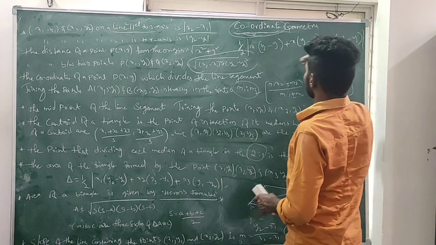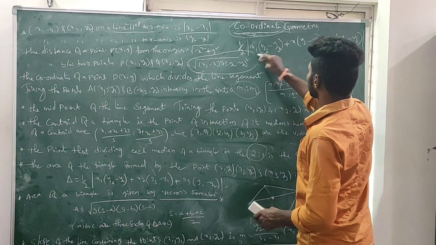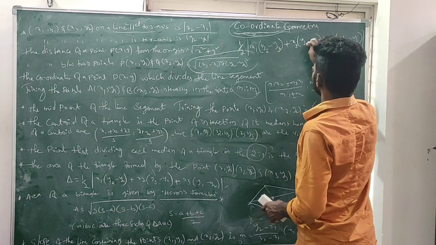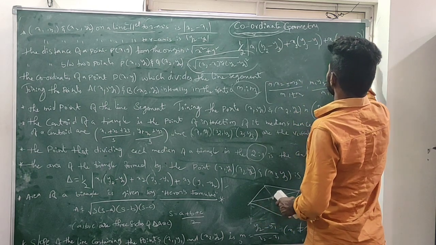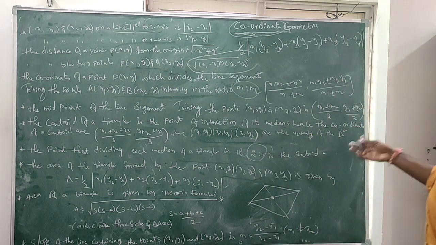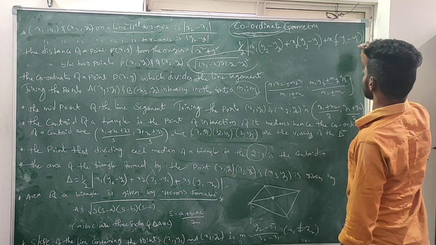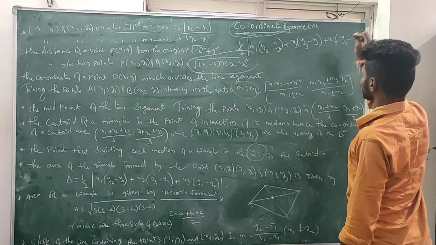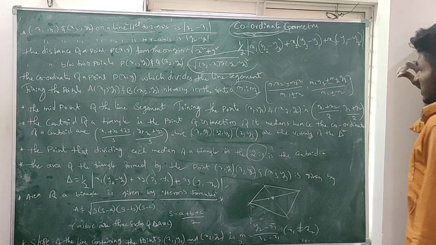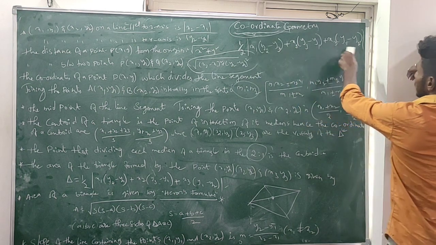Simply what you will do is 1, 2, 3. Next, here 1 was completed, so start from 2: 2, 3 and 1. Next 3, 1 and 2. After 3 you again start from 1 and 2. There is nothing to confuse in this. 1, 2, 3, 2, 3, 1, 3, 1, 2.